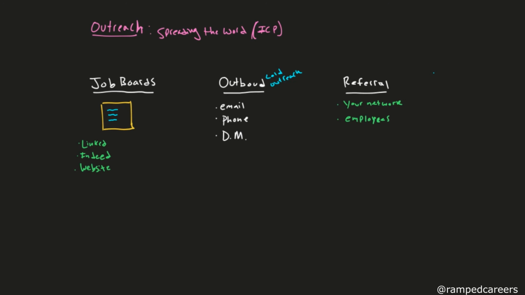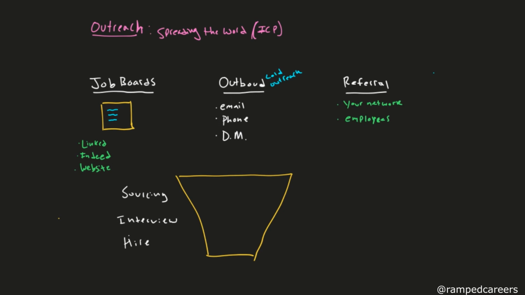Now, keep in mind, through all of this, we've got our hiring funnel that we want to fill. So this is the sourcing stage, interview, and then hire. And presumably we want to hire one great candidate.